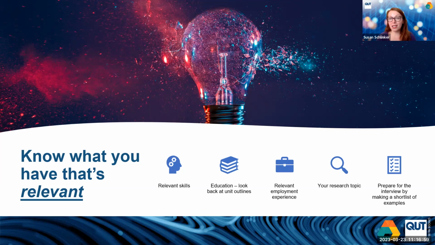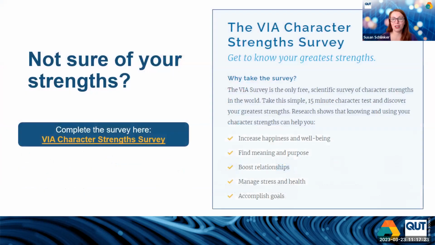And then if they want to interview you for an internship position, prepare for the interview by making a short list of examples. What are some of your achievements in your research topic or previous employment or awards, or publications that you've had previously? What's relevant to them? Make a short list of examples and be prepared to talk about those examples in the internship interview if you're offered one.